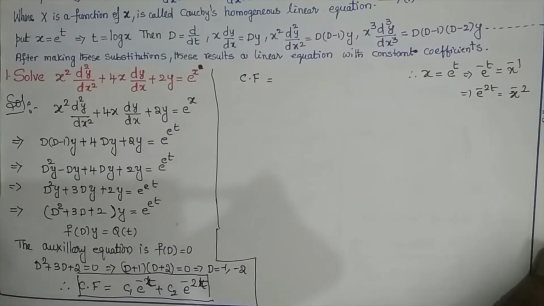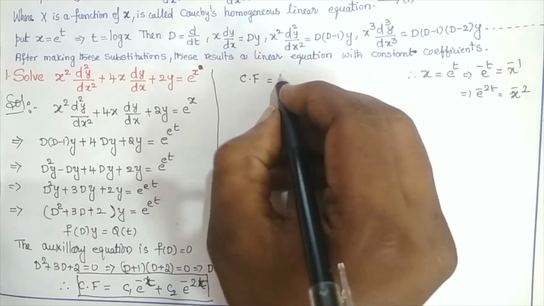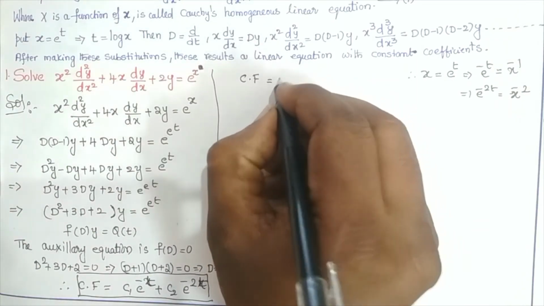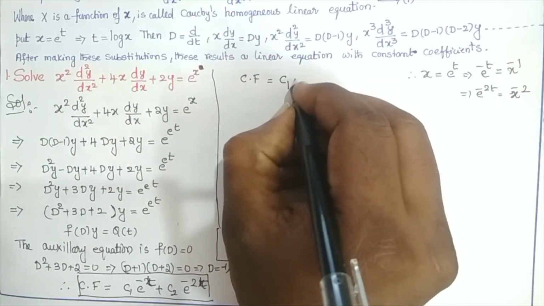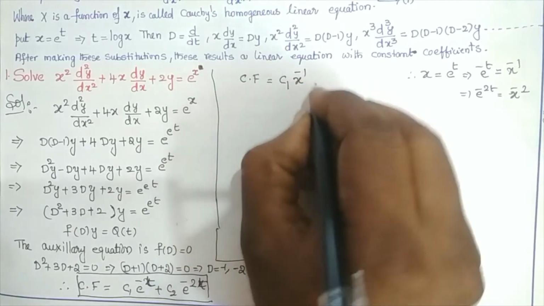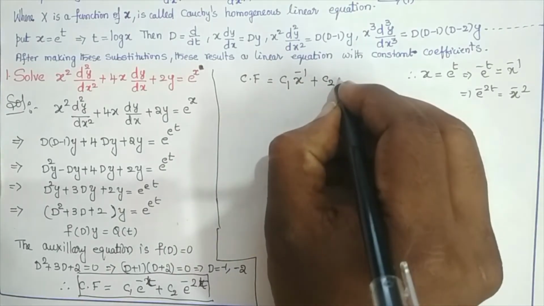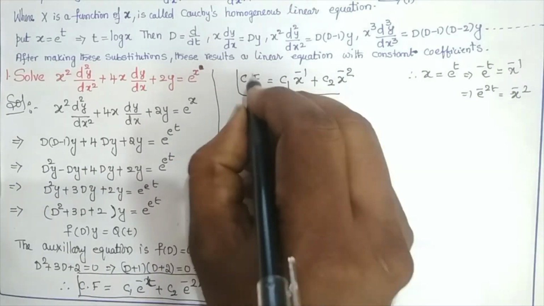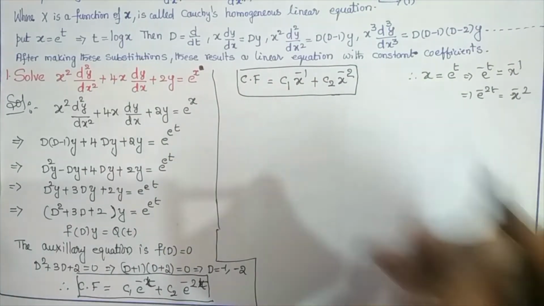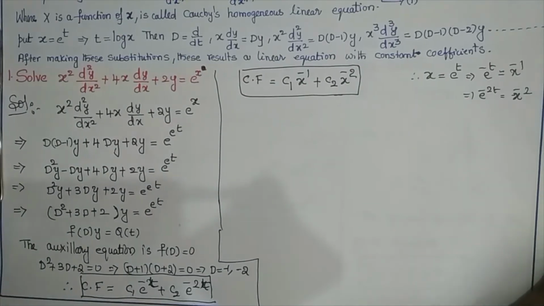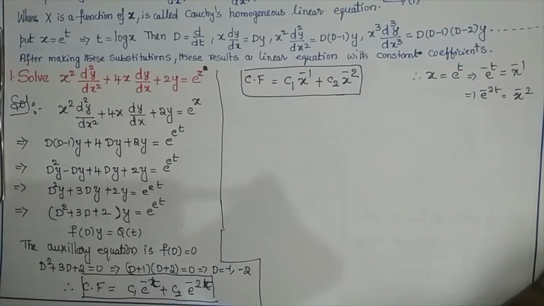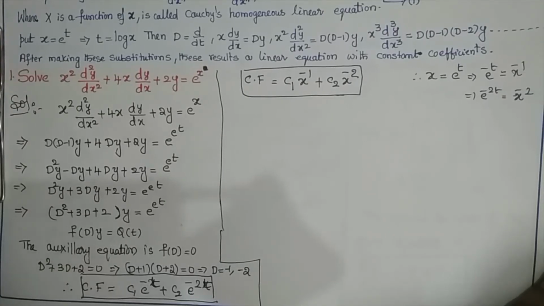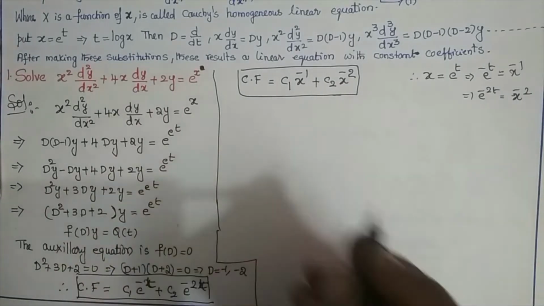Let us replace this one. Therefore the complementary function is C1 x^(-1) + C2 x^(-2). So this is the complementary function for this question. Now we are going to find the particular integral, because complementary function plus particular integral is the general solution of the given differential equation.